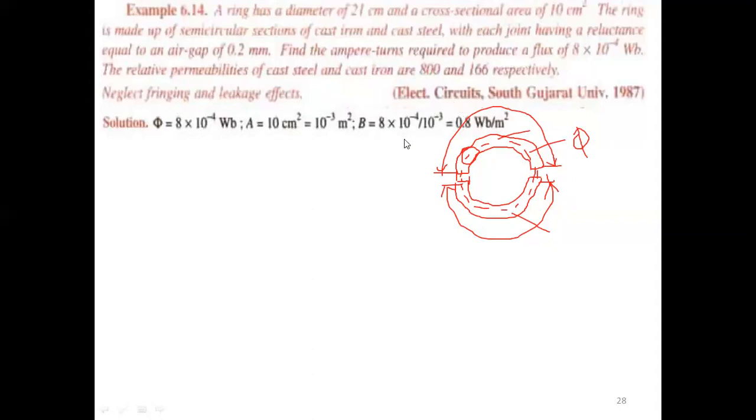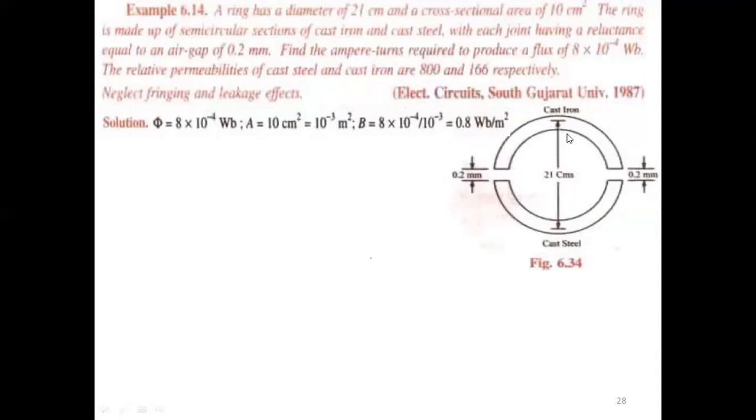When the denominator term comes to the numerator, it becomes plus 3, so 10 to the power of minus 4 into 10 to the power of plus 3 means 10 to the power of minus 1. So 0.8 Weber per meter square we can write down here.